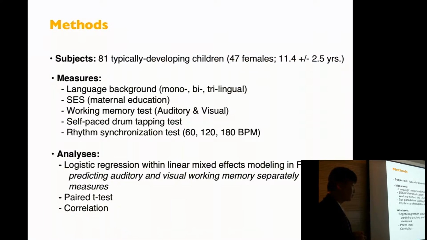I'm going to show you an example with 3 different BPMs. We analyzed this data using logistic regression within a linear mixed effect modeling framework in R. We tried to predict auditory and visual working memory separately with all these measures. We also performed some parity tests and correlations as well.